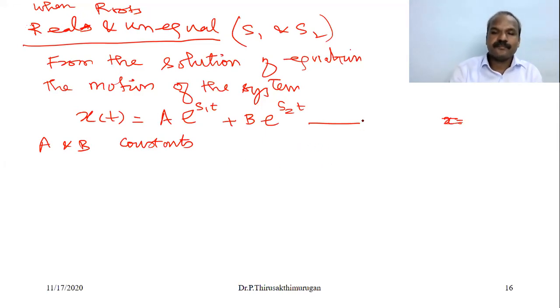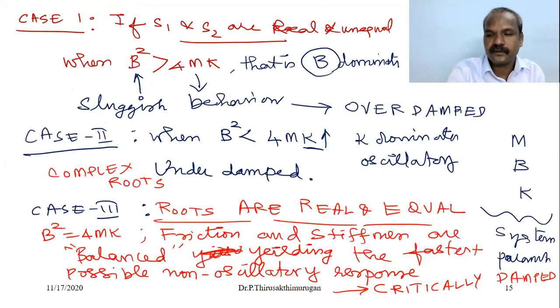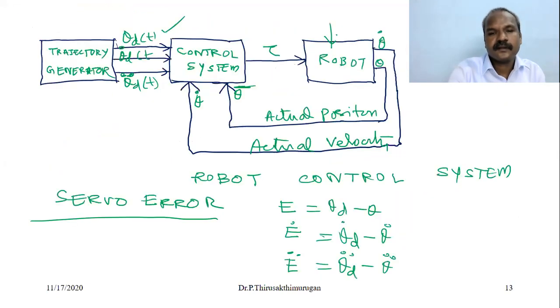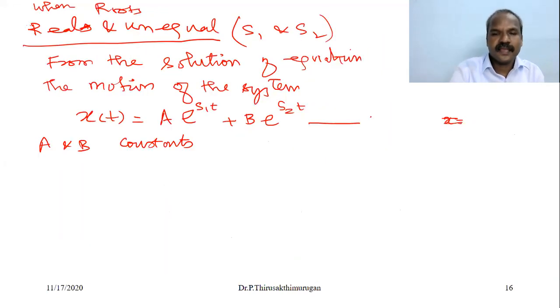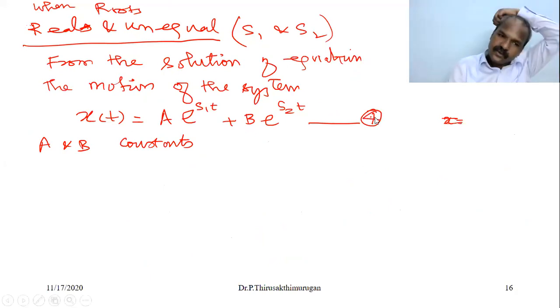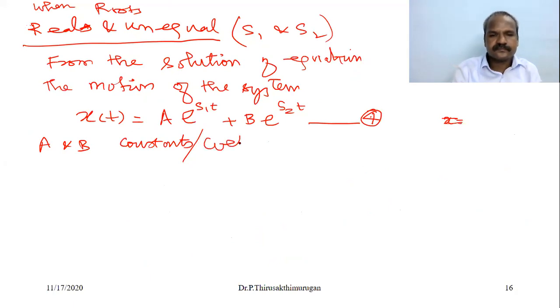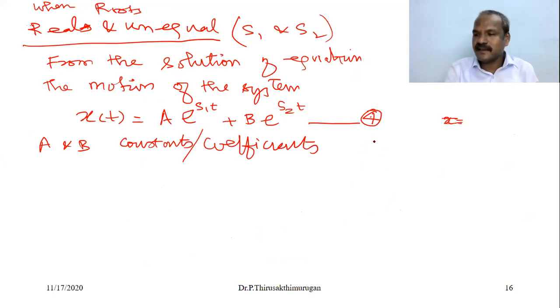Let us call this equation number 4, because it is already specified. So A and B are constants which can be determined from the initial conditions.